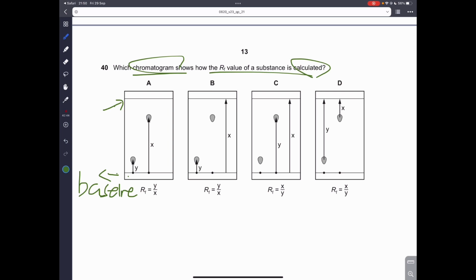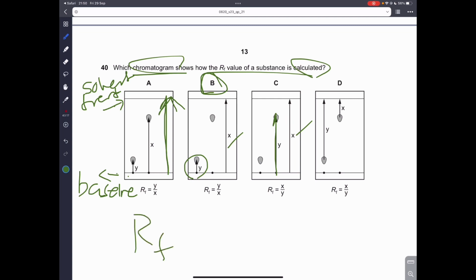So basically in here, you can see that the solvent distance has to be from the baseline to the solvent front. So B matches it. And the Y value should be here. It should not be from here to here because you can see that the chromatogram is not that. So B is the correct answer.